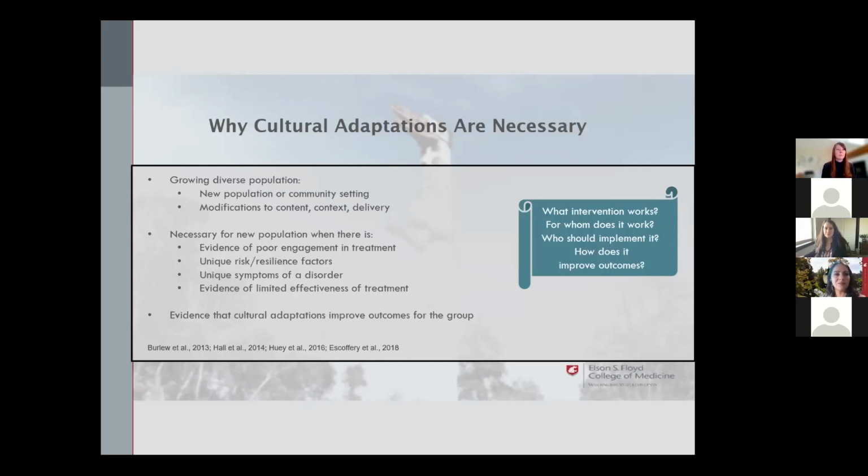Engagement and retention tend to be big reasons why a lot of folks argue that cultural adaptations are necessary. You might also do it when there are unique risk or resilience factors or symptoms of the disorder, or when there's evidence that maybe the intervention isn't as effective, or that it would help improve the outcomes.